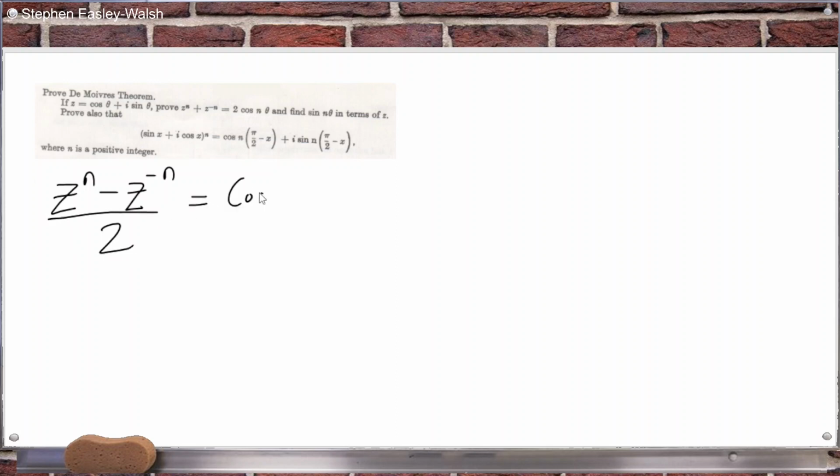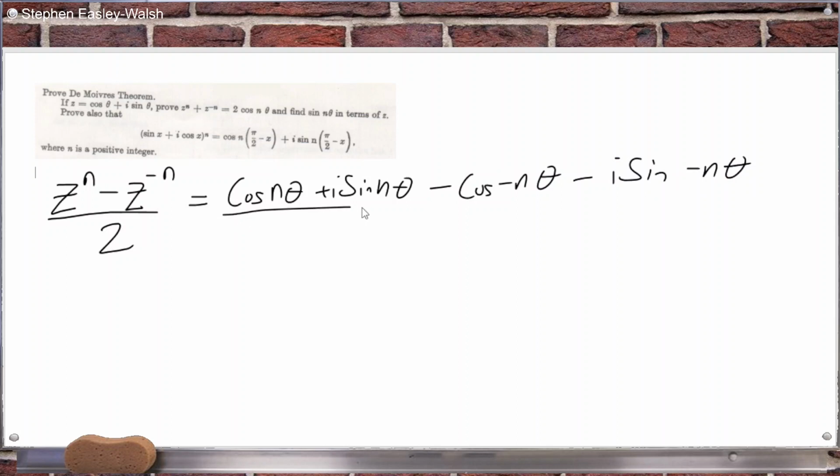That's going to be cos nθ plus i sin nθ minus cos(-nθ) minus i sin(-nθ) over 2.